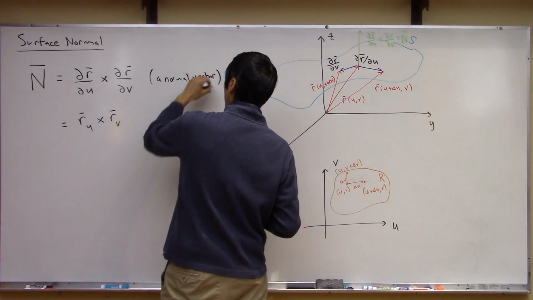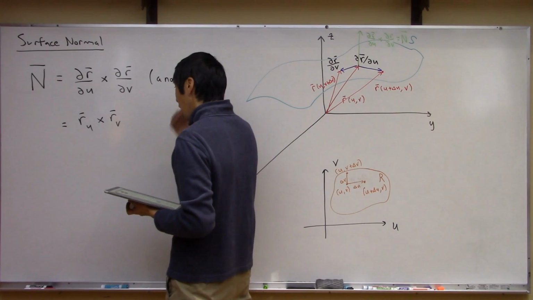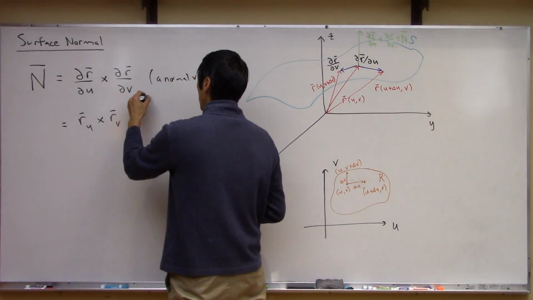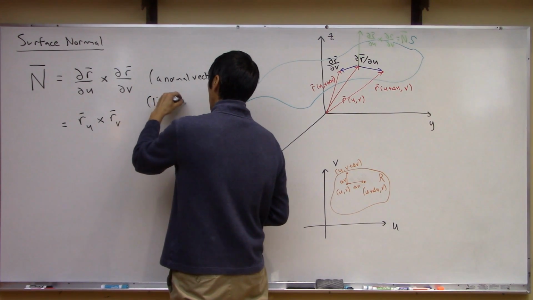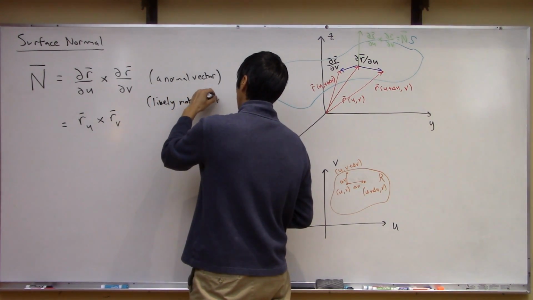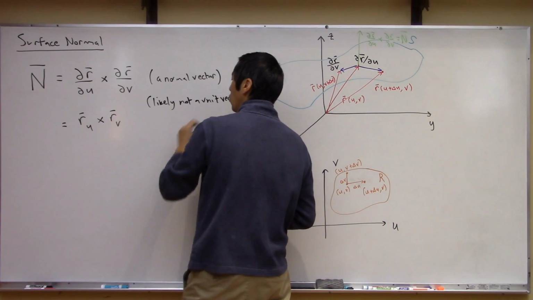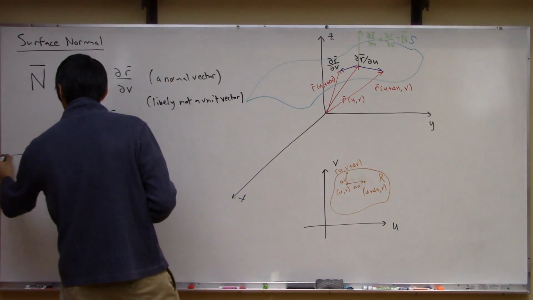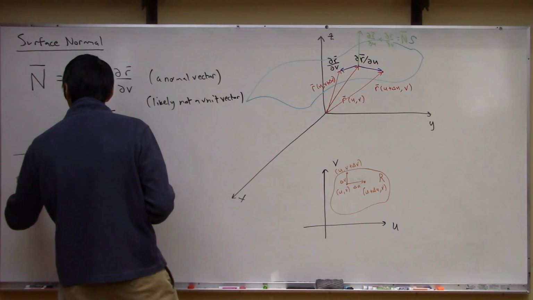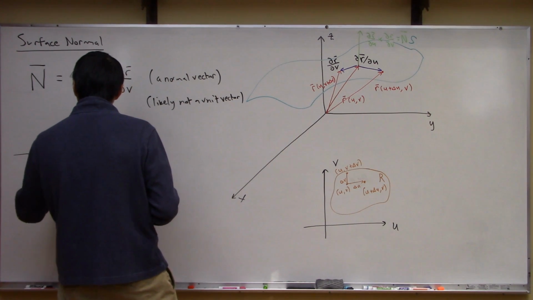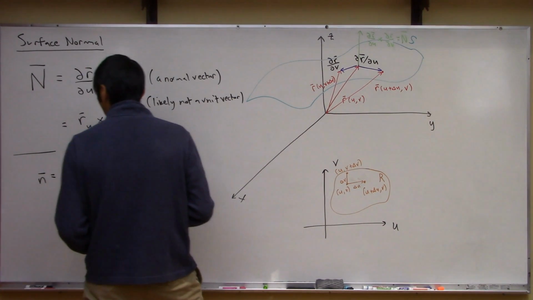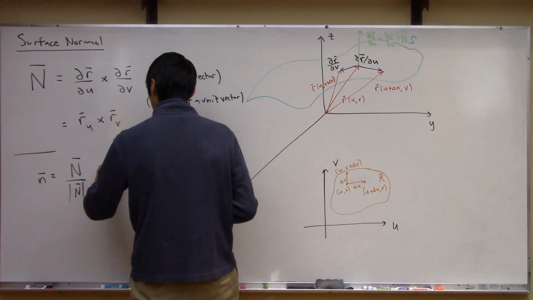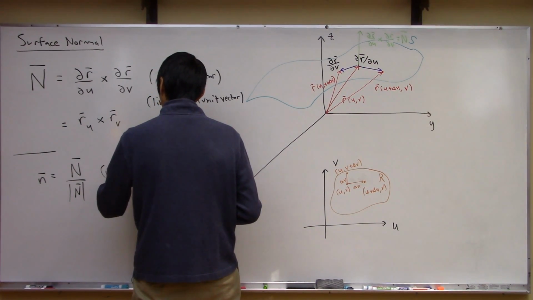The other thing we should mention is that this is likely not a unit vector. If you want a unit vector, sometimes you'll see n bar, which is N divided by the magnitude of N. You could do that to get a unit normal vector.